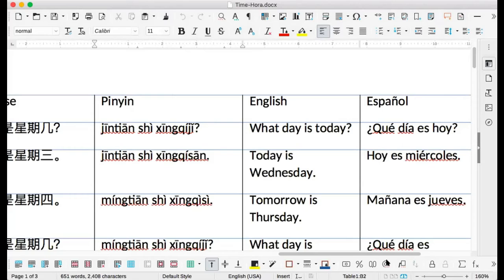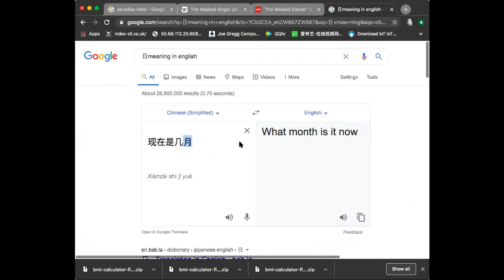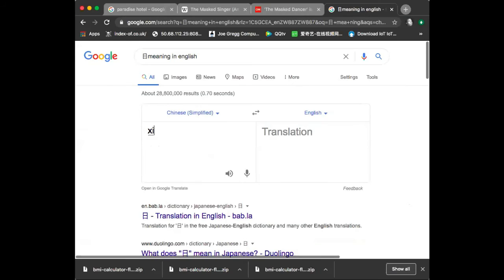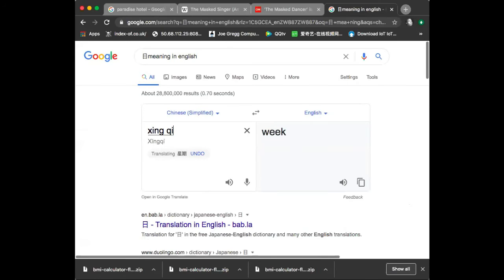But the word 星期 on its own, that's week.